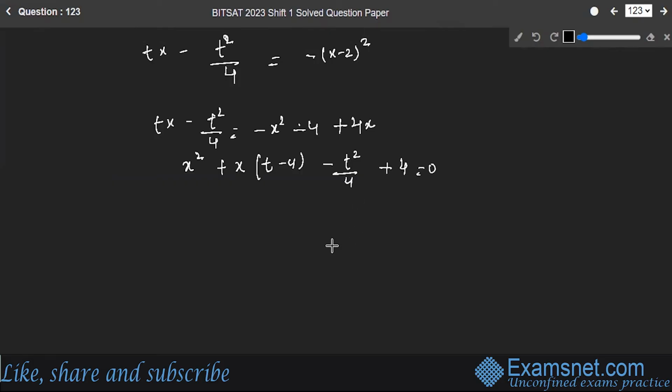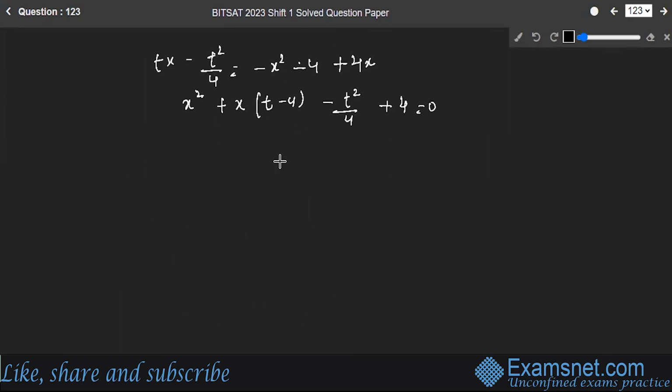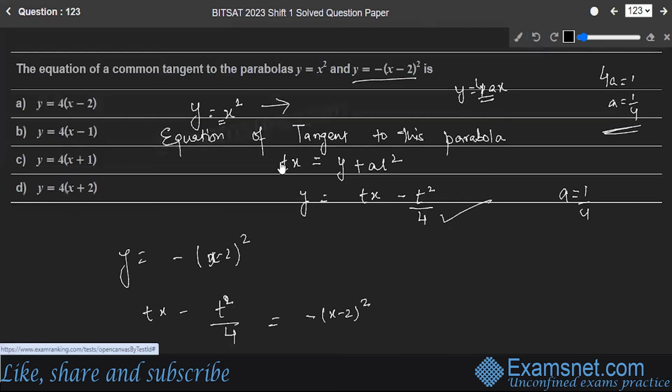So here, what did you have? Find the equation of the common tangent to this. So here the discriminant is equal to 0, which is b square minus 4ac. So this will give me (t minus 4) square minus 4 into this. Okay, not brackets, sorry.